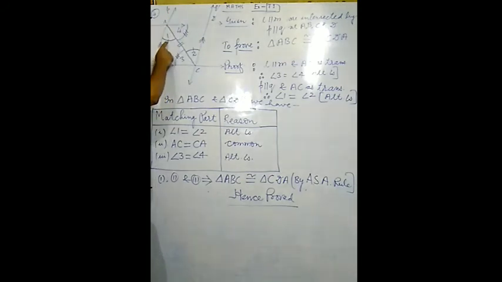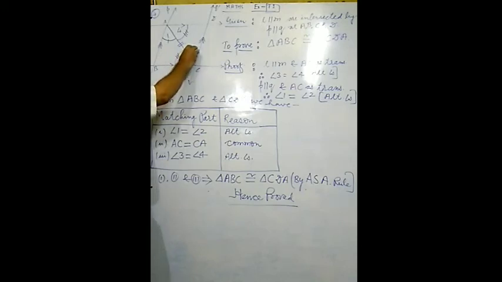Angle 1 will be equal to angle 2. Angle 1 is part of the lower triangle and angle 2 is part of the upper triangle. And what is the reason? Both are alternate angles. See the second part.